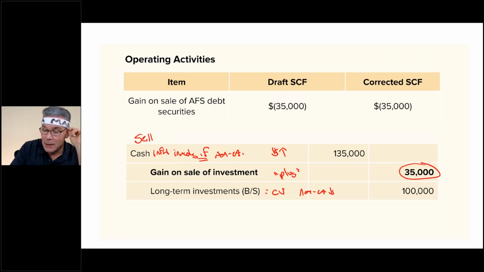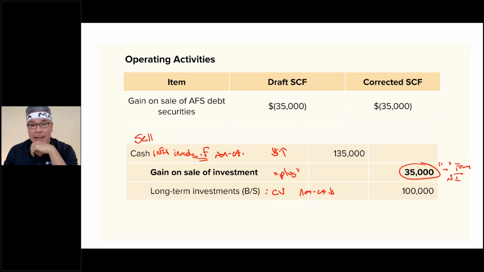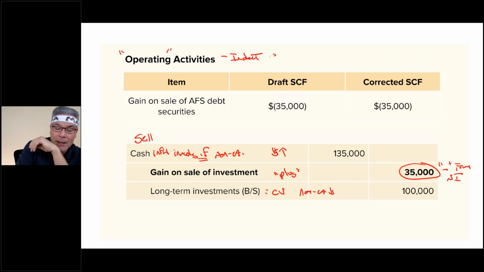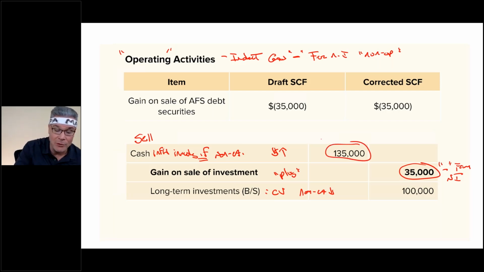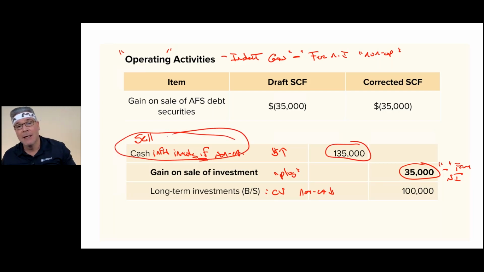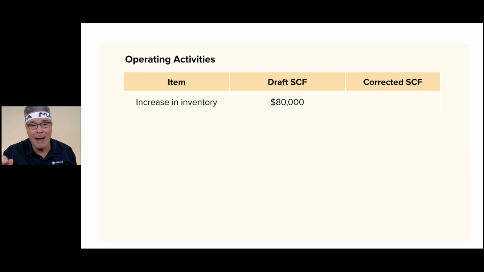That gain, we're going to subtract from net income, right? Makes net income go up, but not part of our core business. When we do our operating activities, indirect method, that gain gets subtracted from net income because it is non-operating, not part of our core business. The cash inflow goes cash flow investing, but the gain gets adjusted when we do our operating.